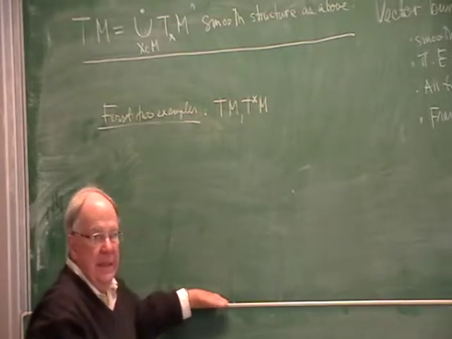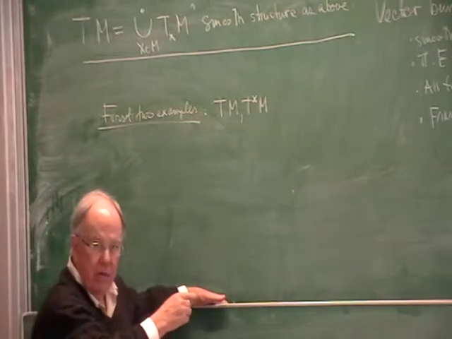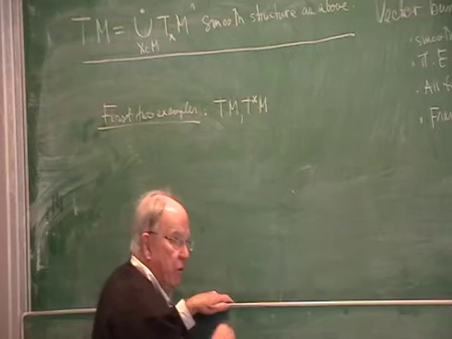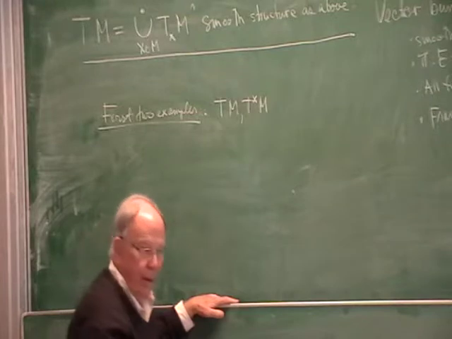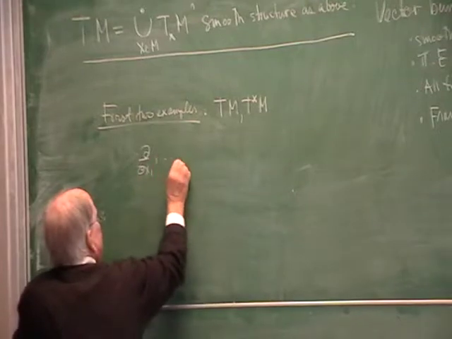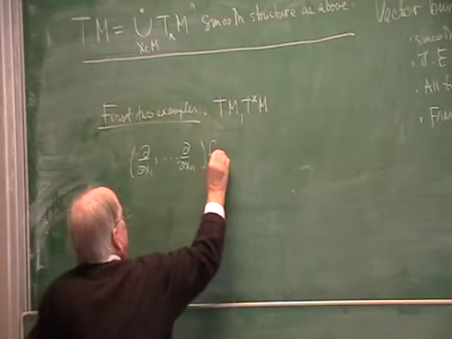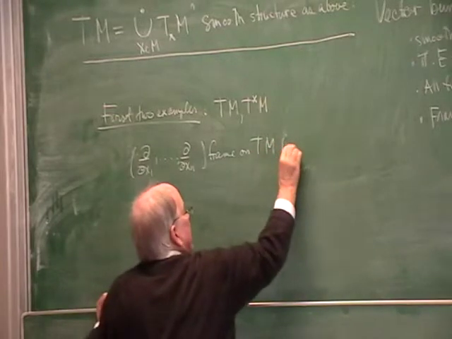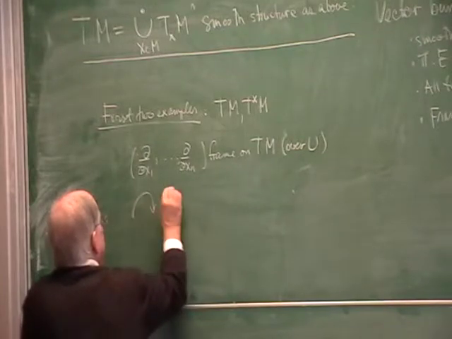That means each fiber is going to be the dual space of the other fiber, and the frame of this bundle is going to be the dual frame. So if you have a frame on the tangent bundle, you need to write down the dual frame. Now everybody here knows that if this is a frame on the tangent bundle, on some open coordinate chart, say over U, then we have the dual frame of the cotangent bundle.